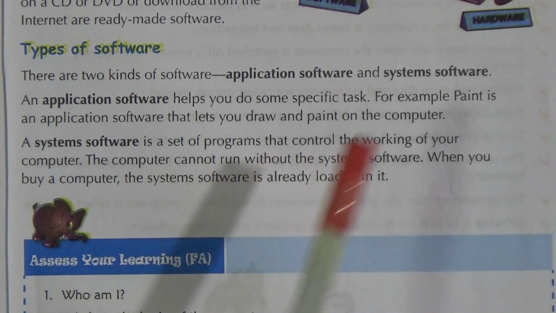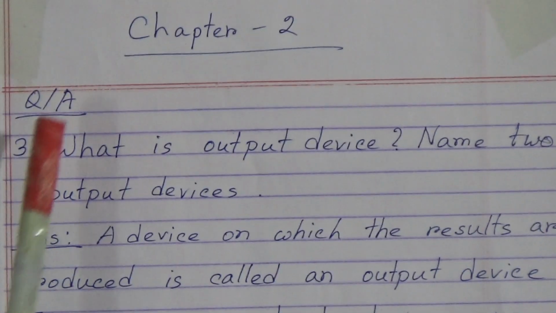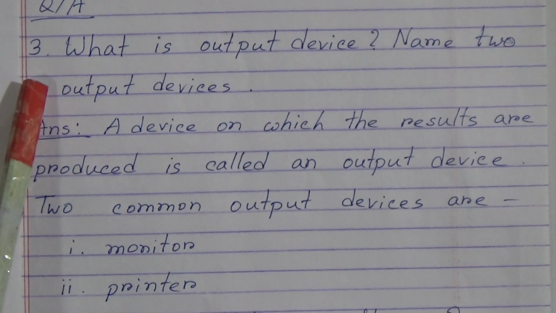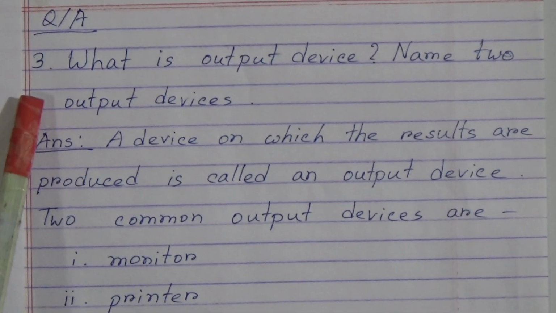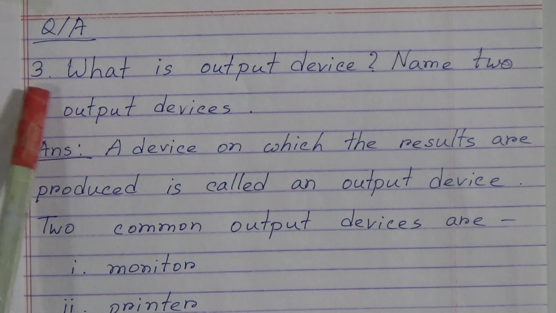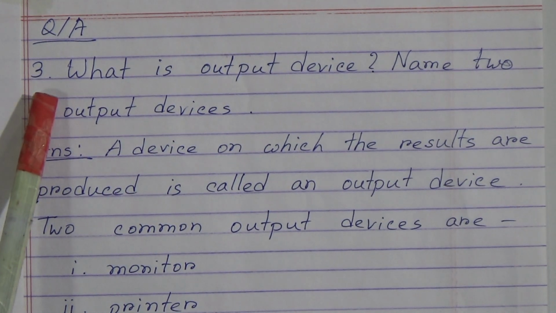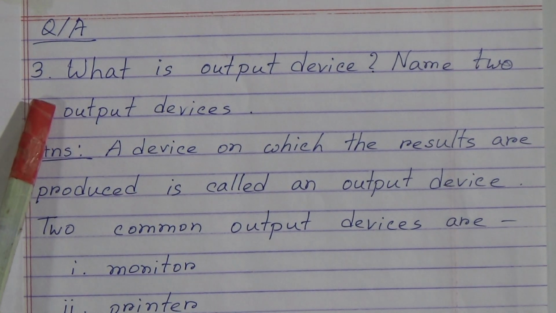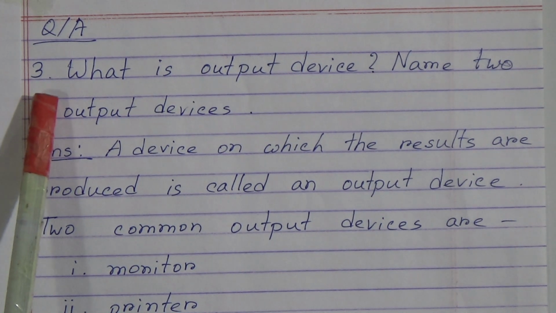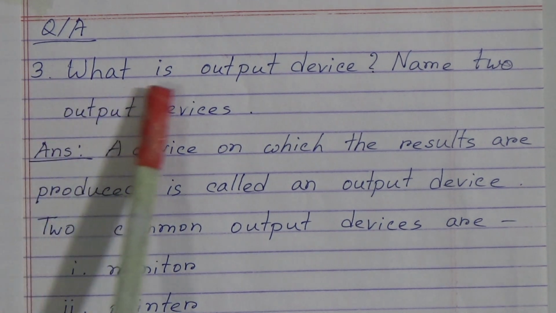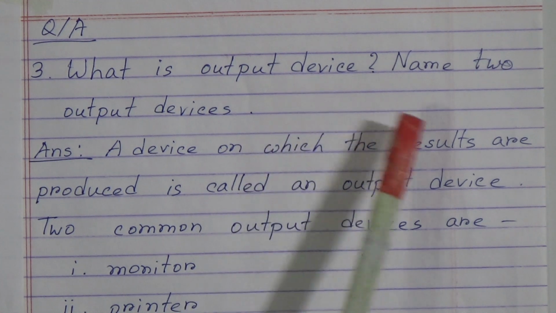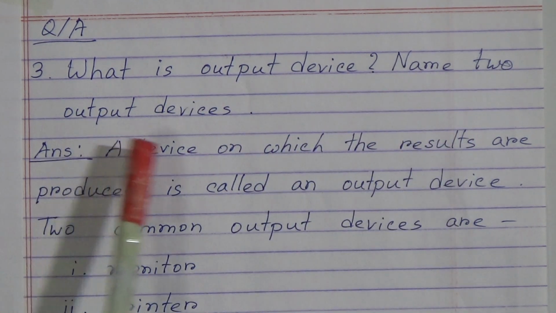Okay, next is question answer from chapter 2. Previous class you did question number 1 and 2, and in this class we will do question number 3 and 4. And question number 3 will be your homework for next Saturday. Okay, dear students, let's see question number 3. What is output device? Name two output devices.